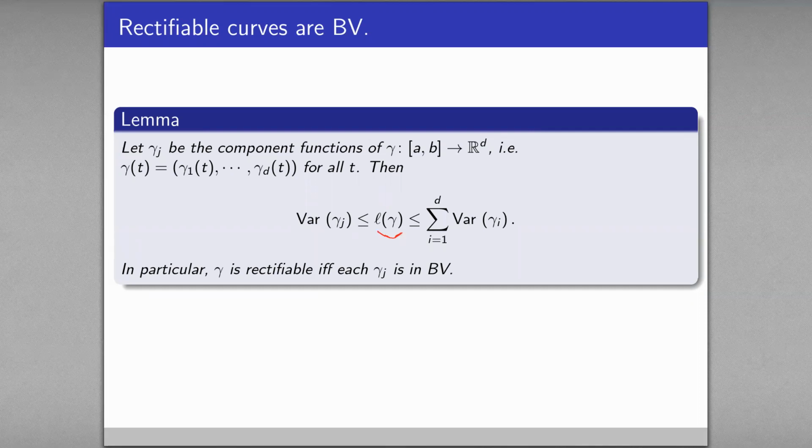Therefore, a curve is rectifiable if and only if each one of these is finite. That's an immediate consequence.